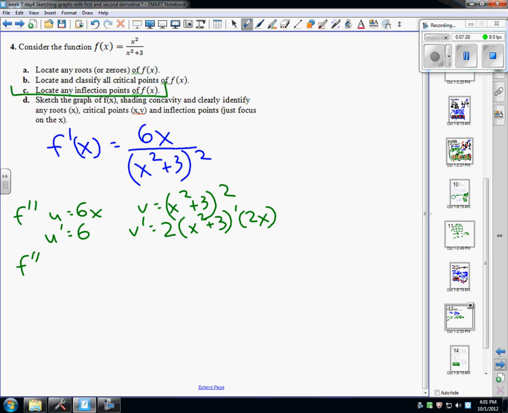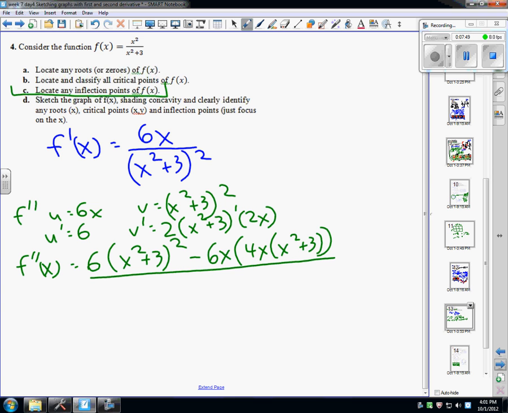We're going to have to do some algebra to simplify again. U prime times V minus U times V prime. Now 2 times 2x is 4x, x squared plus 3, all over x squared plus 3 to the 4th.